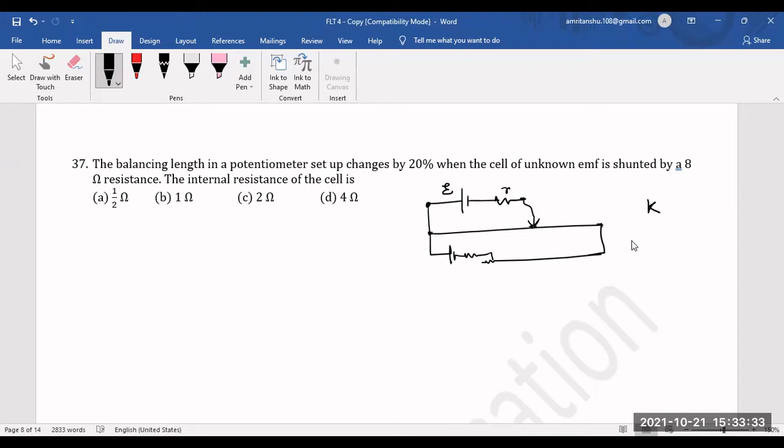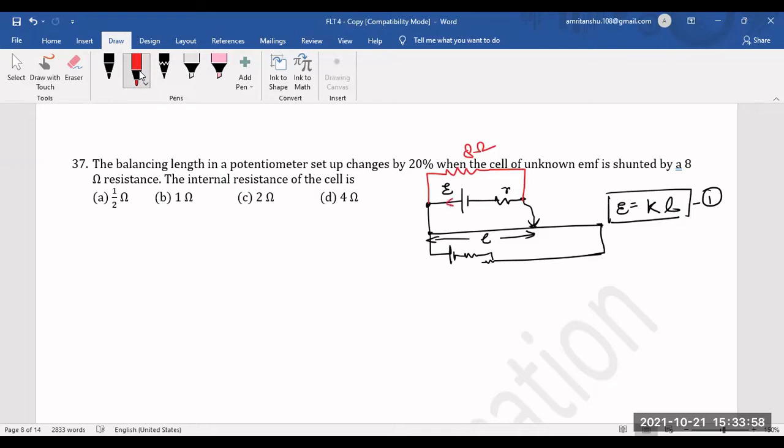So what we can say here is E is equal to K times L, let's say L is the length. Now what we do, we shunt it with 8 ohm resistance as it is given. When I shunt it with 8 ohm resistance, now what happens?